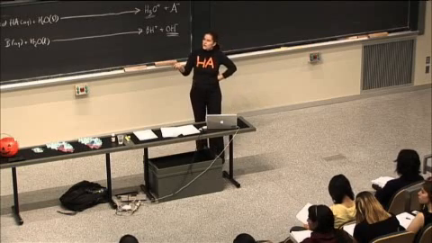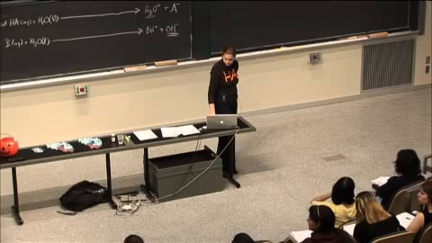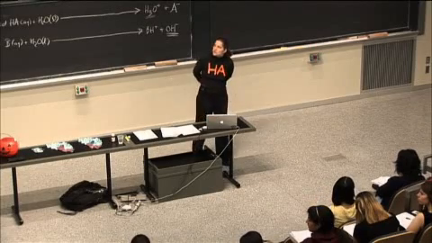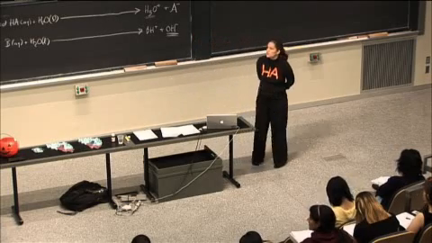And if you use the quadratic equation, you get an answer of 0.00147. Again, that's really two significant figures. So it's not a whole lot different, actually, than the number you got making the approximation. So once you know what x is, that is the hydronium ion concentration in this problem.